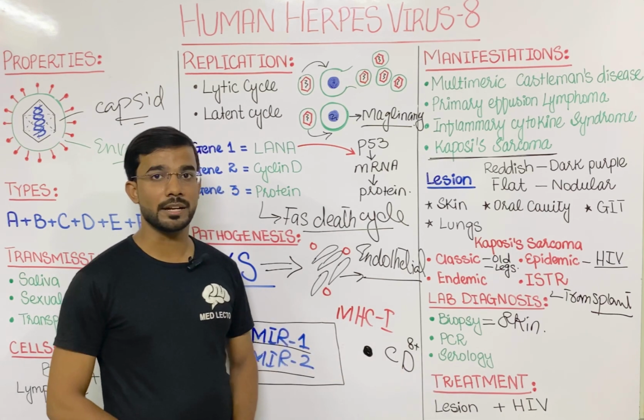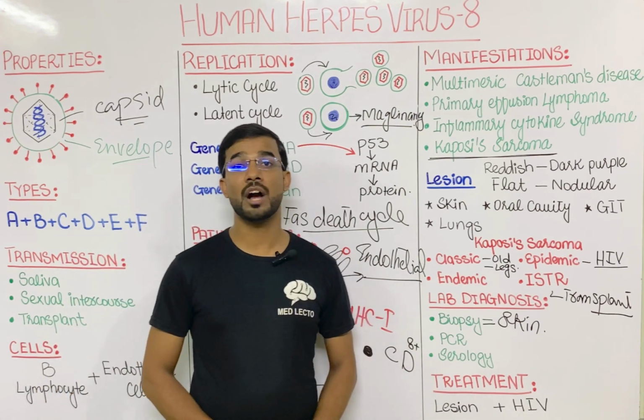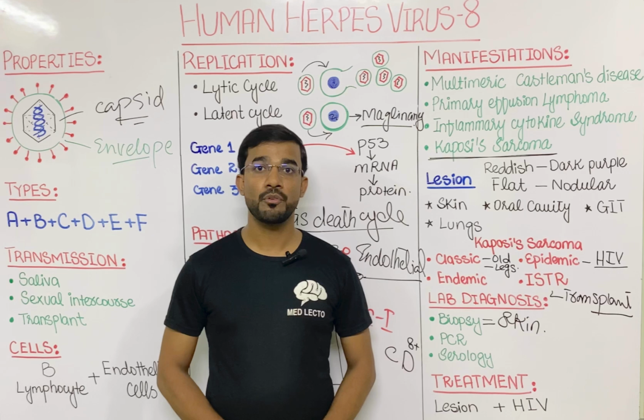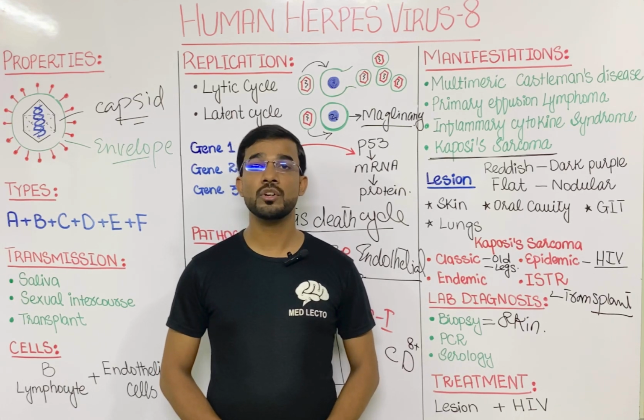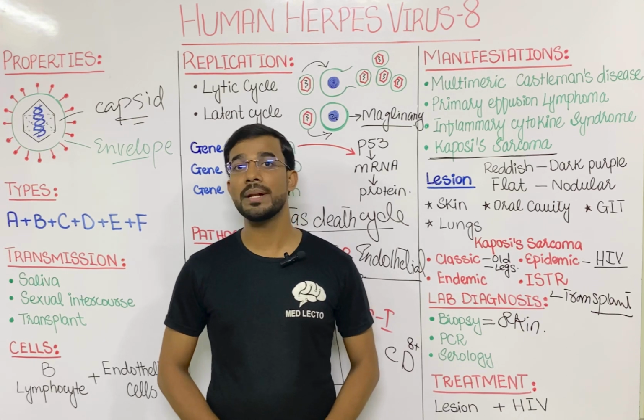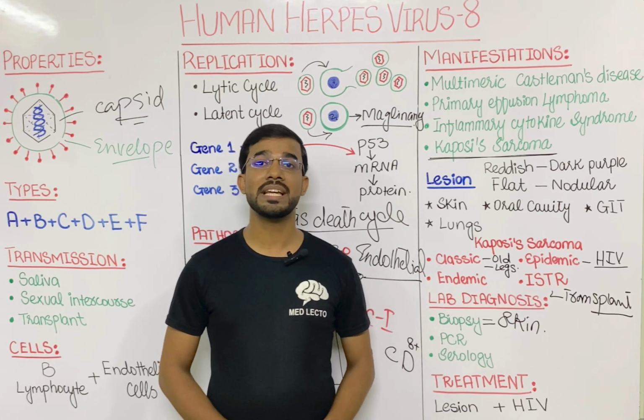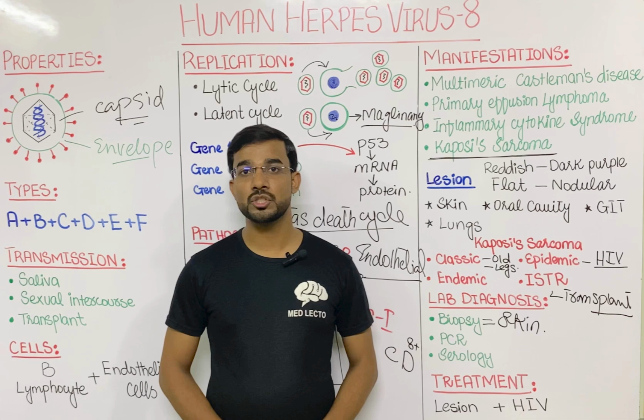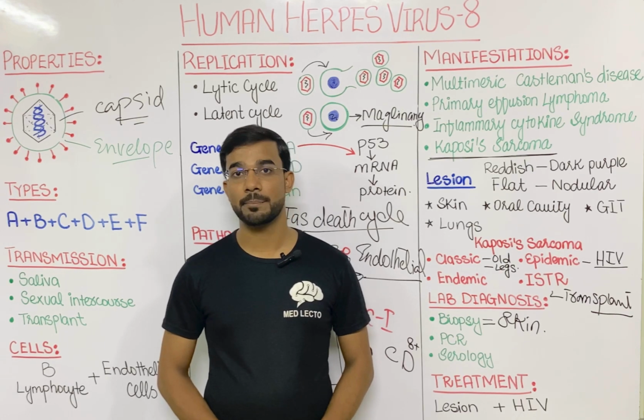And next is the treatment. The treatment will vary according to the patient. For localized lesions, you will go towards surgery or intralesional vinblastine. For extensive lesions, you can also go towards radiation therapy.